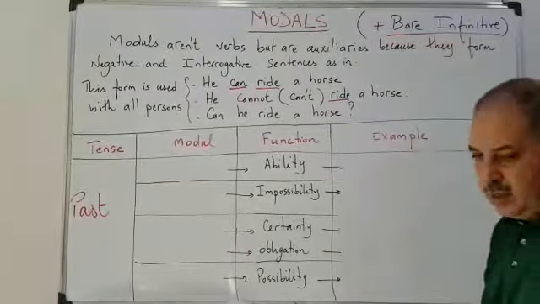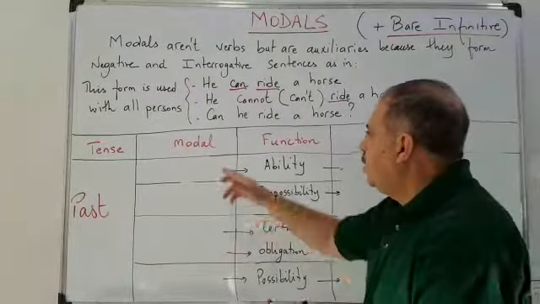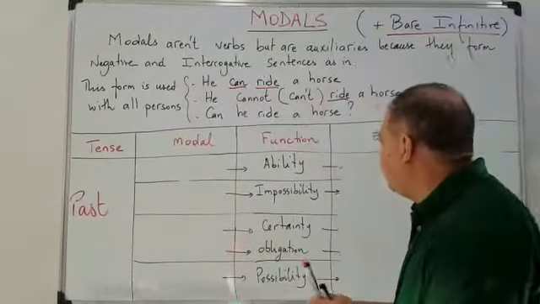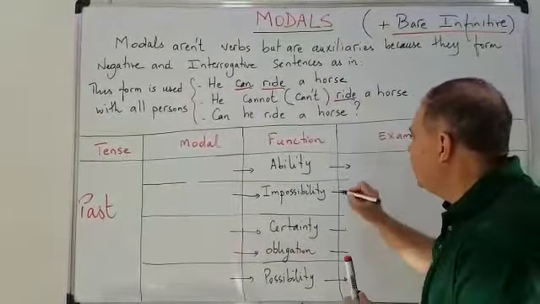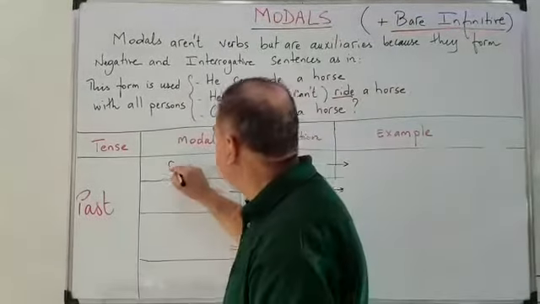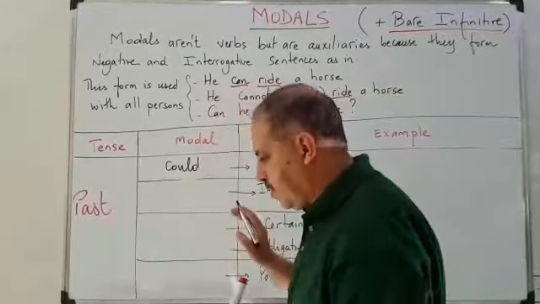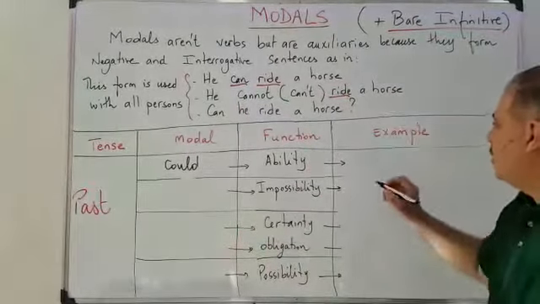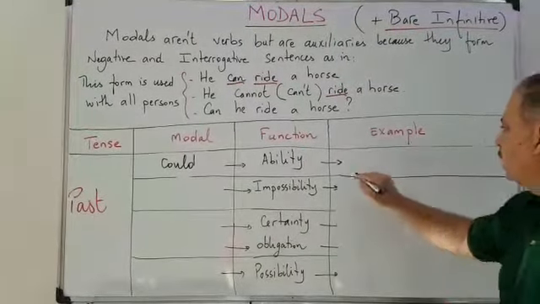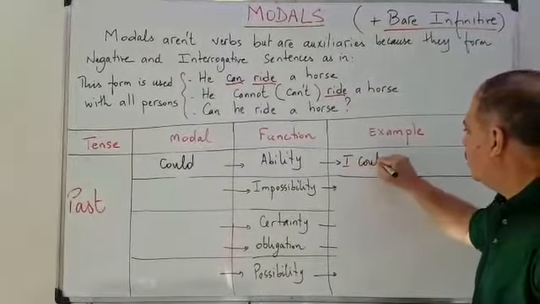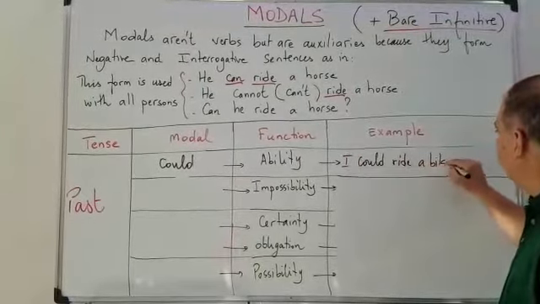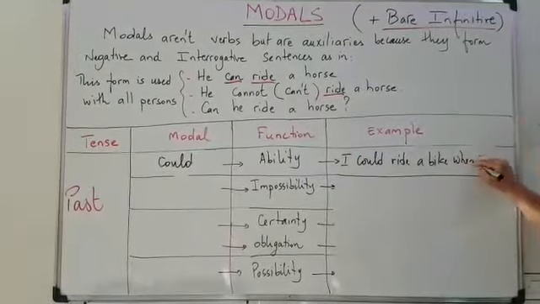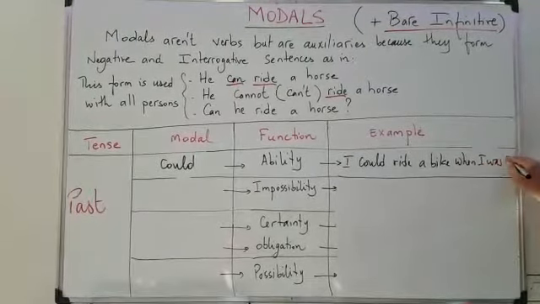For example, can becomes could in the past.